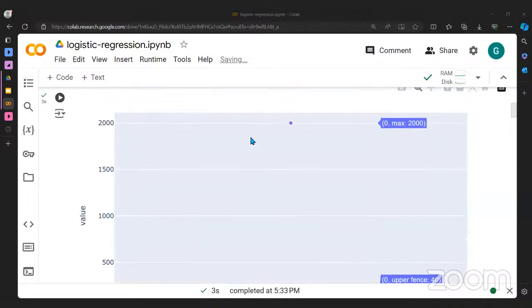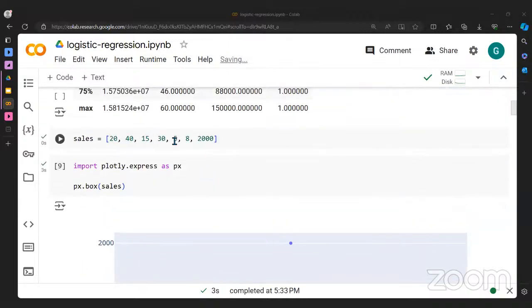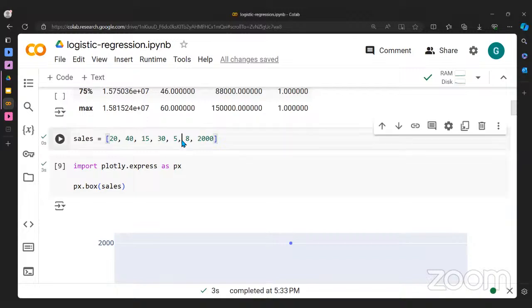Okay. So I just try to visualize this using a box plot. Now, forget the fact that the data is not much. Or let me do something like this. Hold on, give me a sec.